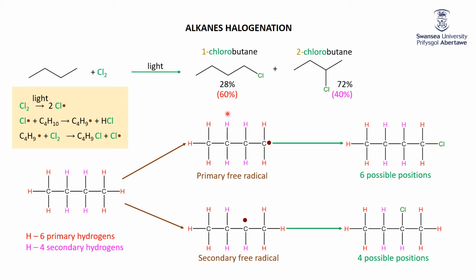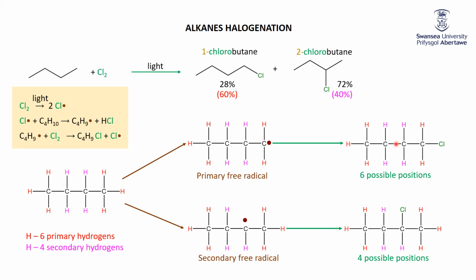However, we had significantly more 2-chlorobutane than 1-chlorobutane. We got much more 2-chloro than we would have expected, and much less 1-chloro than we would have expected. We can trace that back to these free radical intermediates.